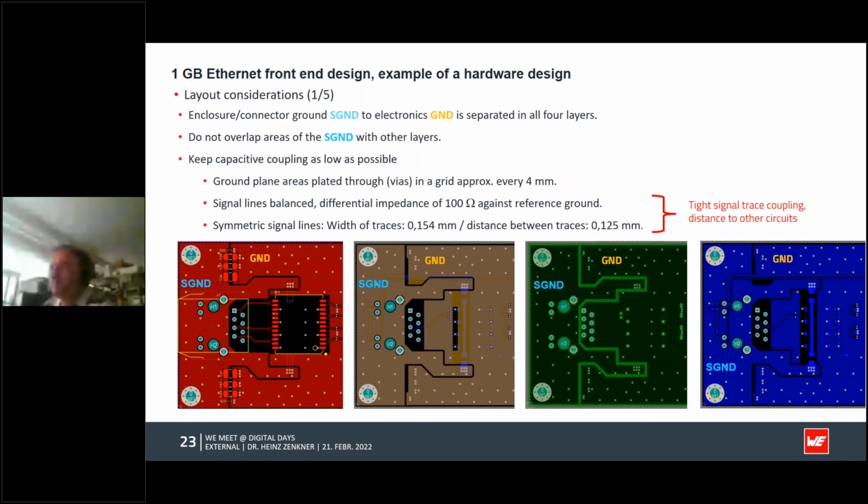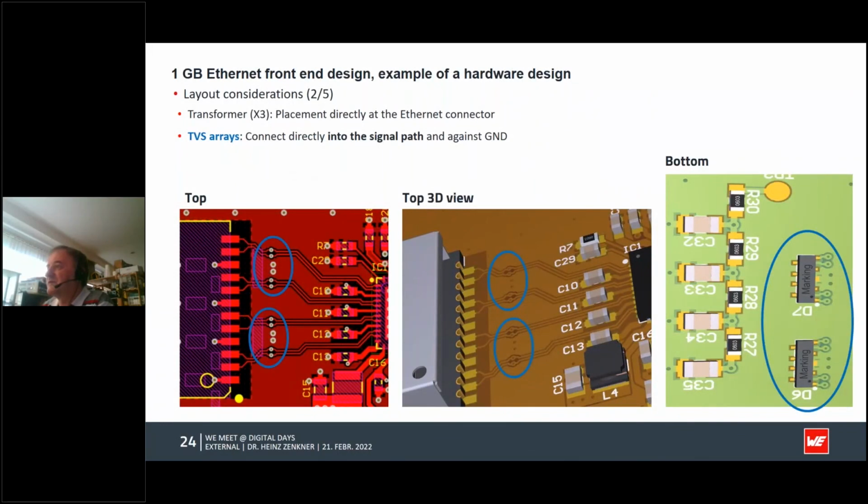Then we have vias every 4 millimeters to couple all the layer stacks together, all the planes, so we have a tight, sufficiently shielded ground underneath. And the TVS diodes, as mentioned already, seen here in the bottom view, are connected directly with 2 vias through all digital ground layers.